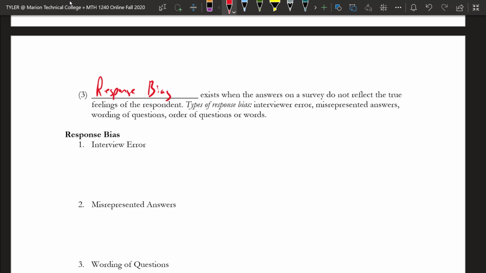Just some notes on that: it's important that you use a trained third-party interviewer. That would be the best case scenario.